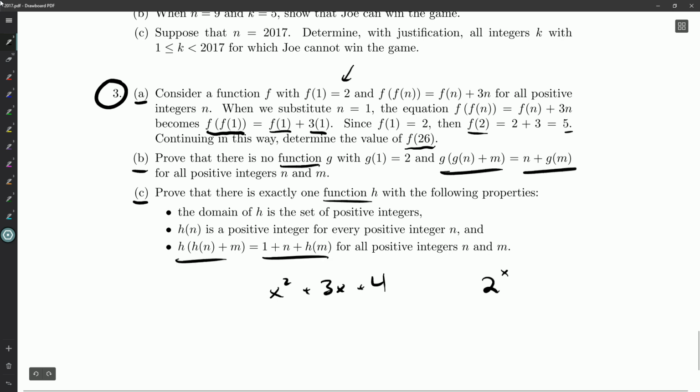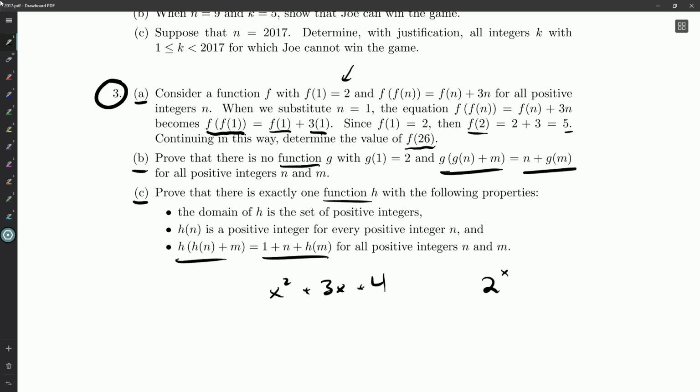Just looking ahead, we're going to have to deduce certain things about the functions. And these questions can seem a little scary. Usually, just because I mentioned the Euclid a moment ago, the Euclid paper has a question involving a function and a given property. So these are not uncommon on contests.